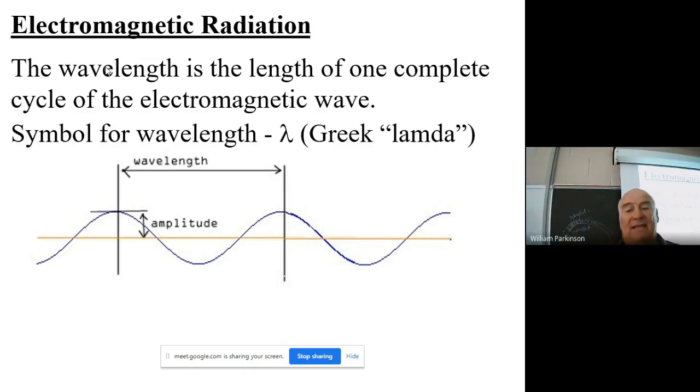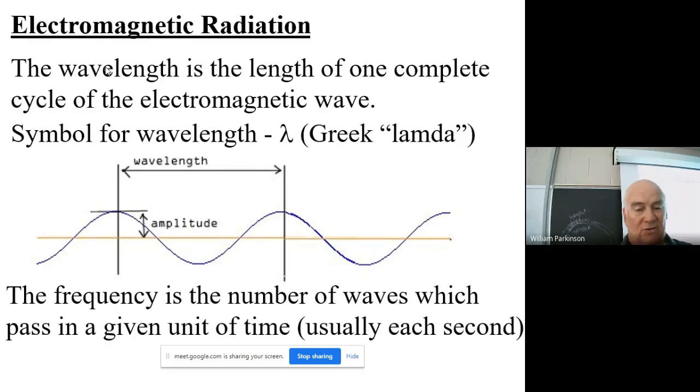And when I come to the next trough, the next minimum amplitude, if I measure the wavelength between those points, it'll be exactly the same as it is for the peak to peak wavelength. So no matter where or from what part of the wave I measure the wavelength, it's always going to be the same.